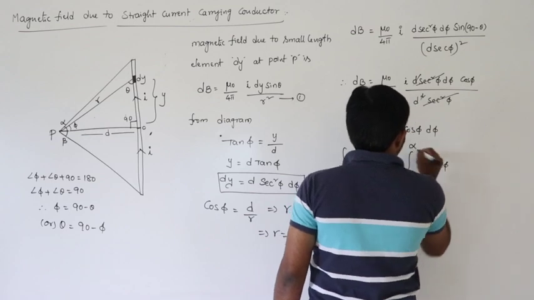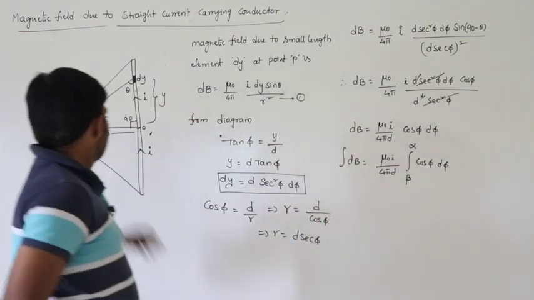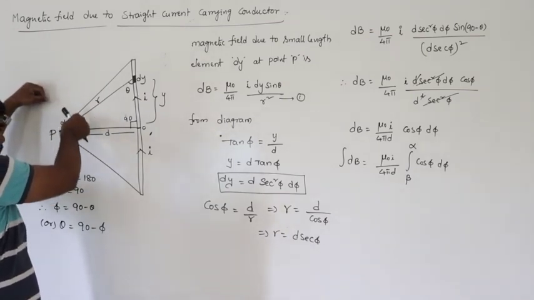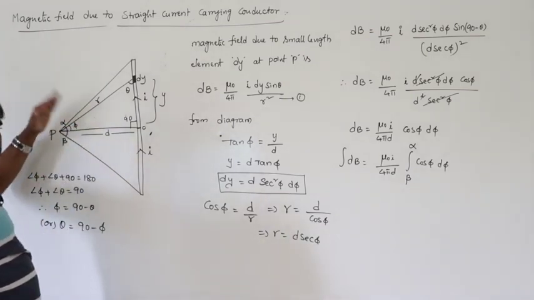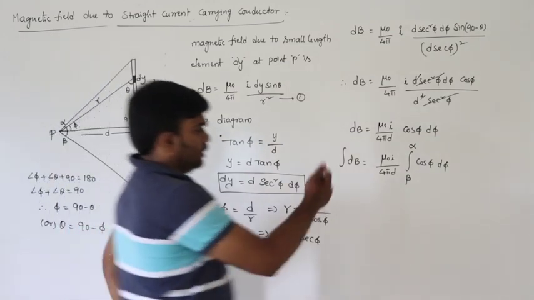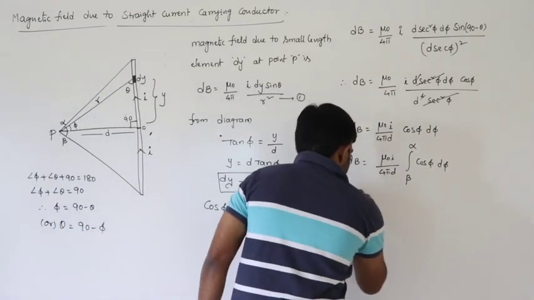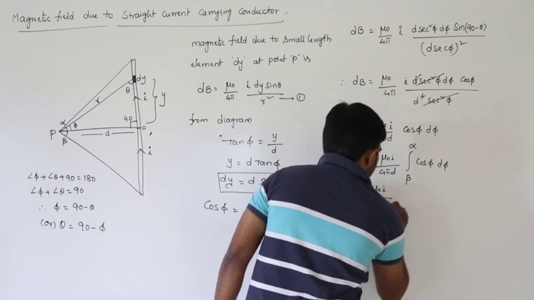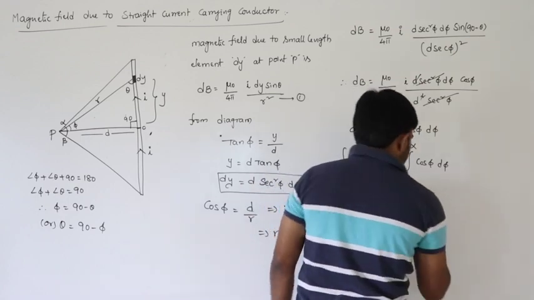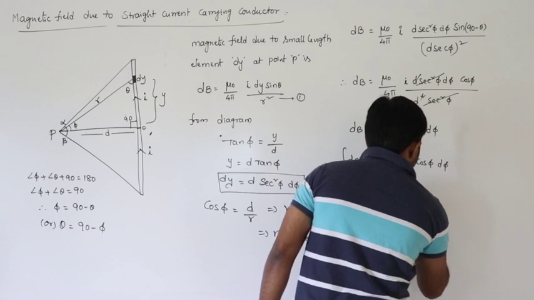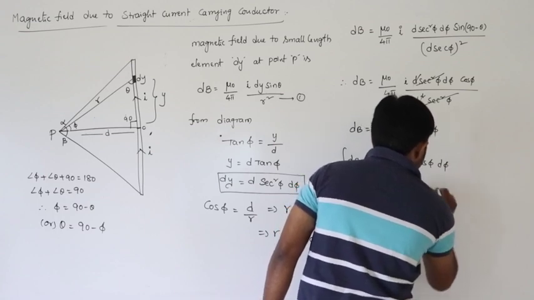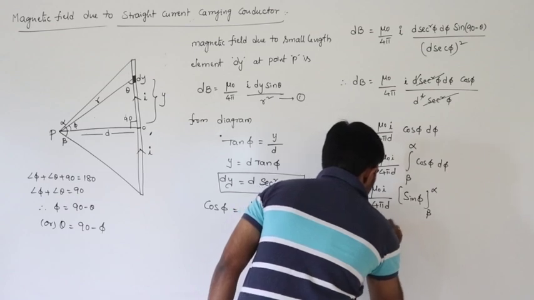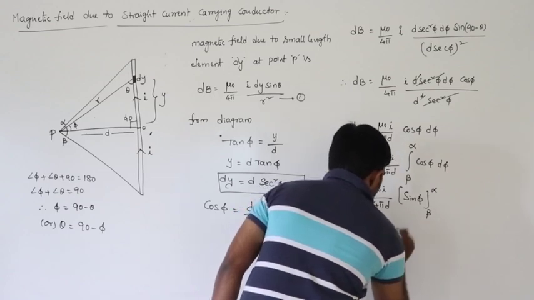The value varies from β to α, where the upper angle is α and the lower angle is β. So B is equal to μ0 I by 4π d times sin φ between the limits β and α.